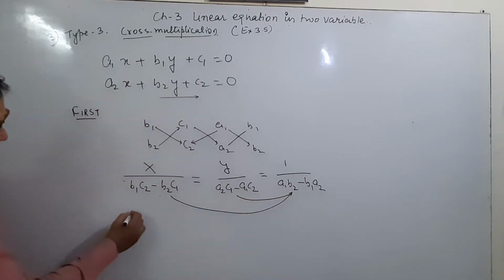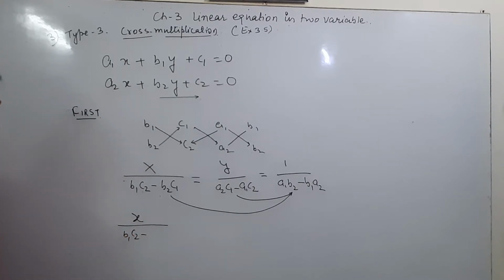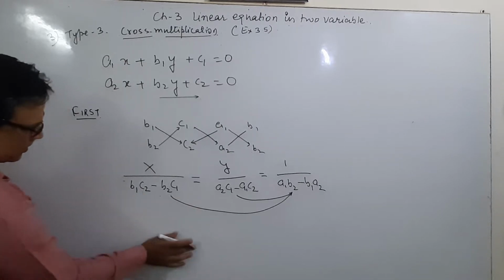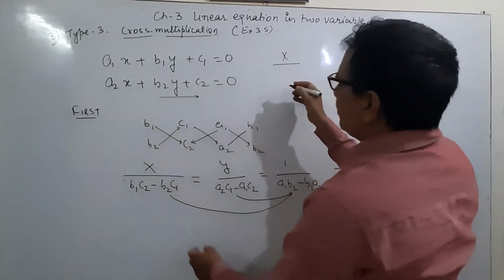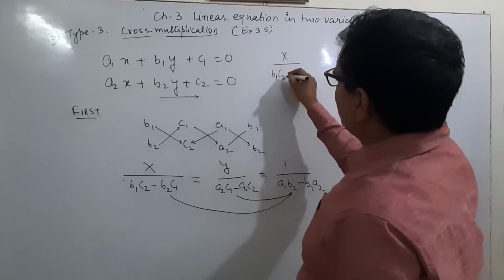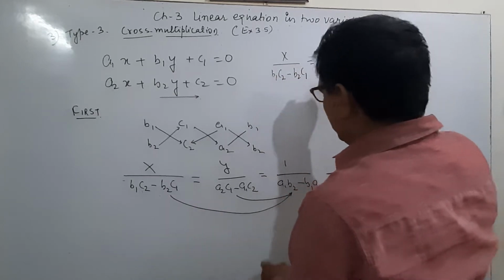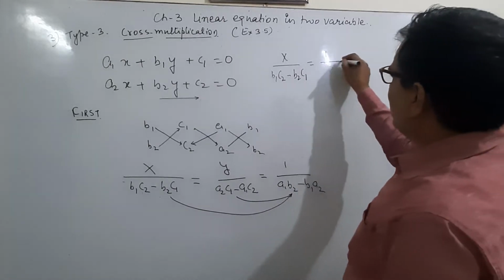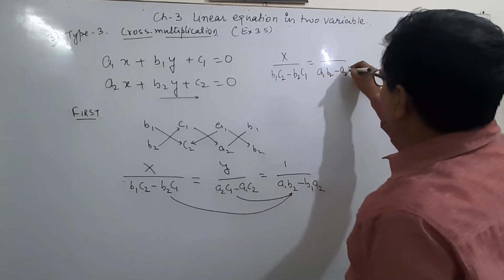Then we can write what? X upon b1 c2 minus b2 c1 is equal to 1 upon a1 b2 minus a2 b1.